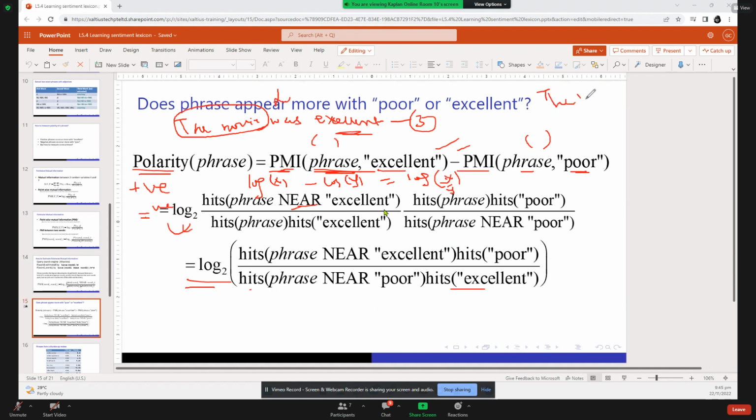And if your phrase is the movie, you are trying to find out how many times the movie is appearing three words near to excellent, or two near to excellent, or one word near to excellent. Nothing beyond that.